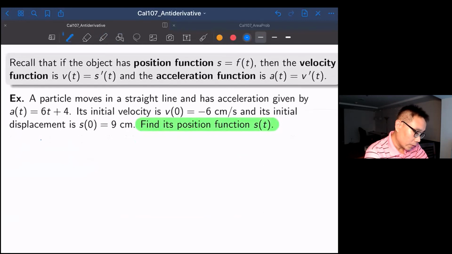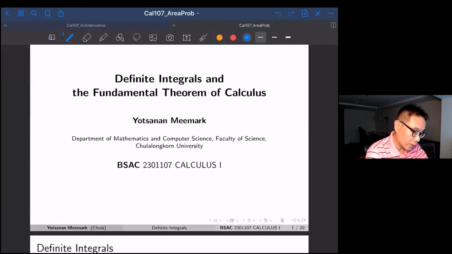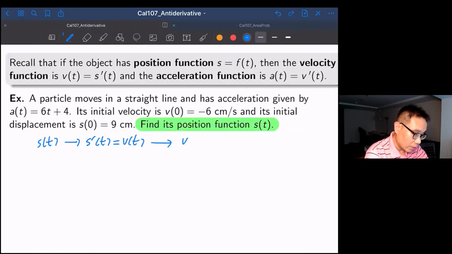So we know s(t), when you differentiate, you get the velocity. And when you differentiate this again, you get v'(t). So you differentiate s again, so it's going to be s''(t). So you get v'(t), and this will give you the acceleration function.